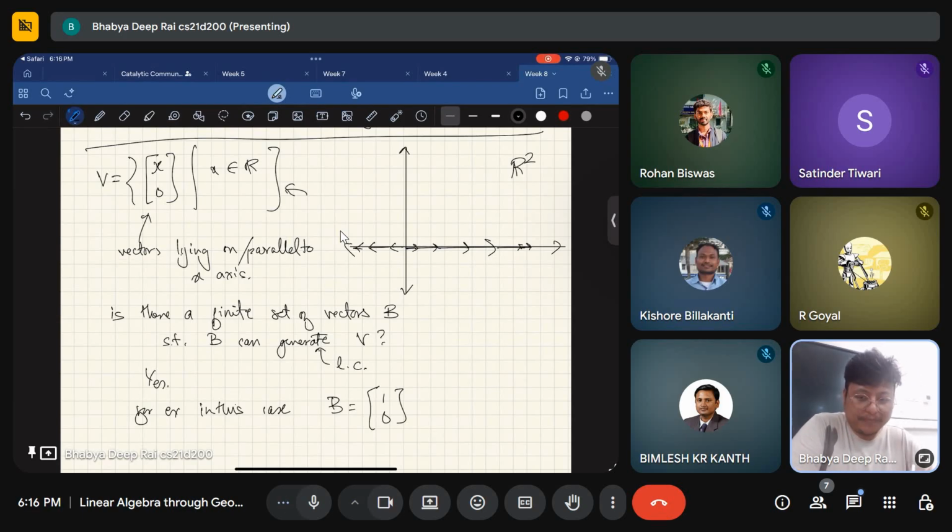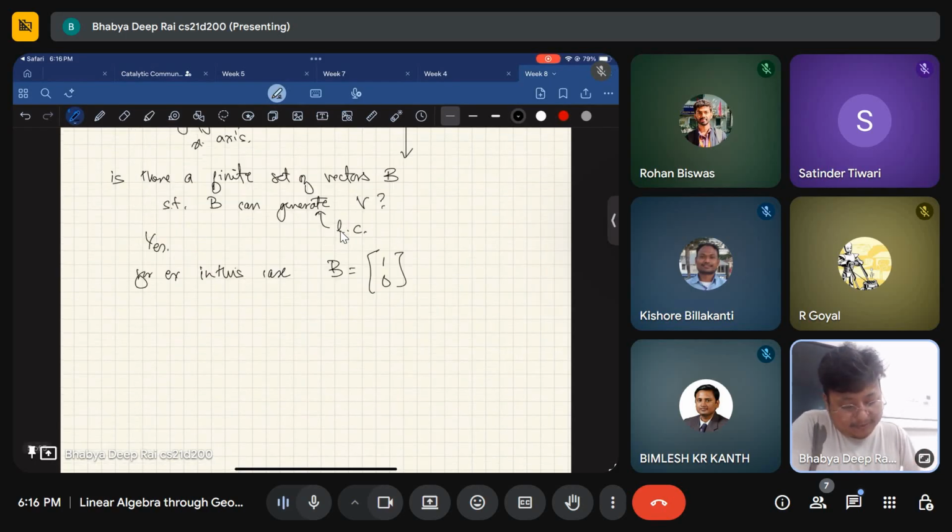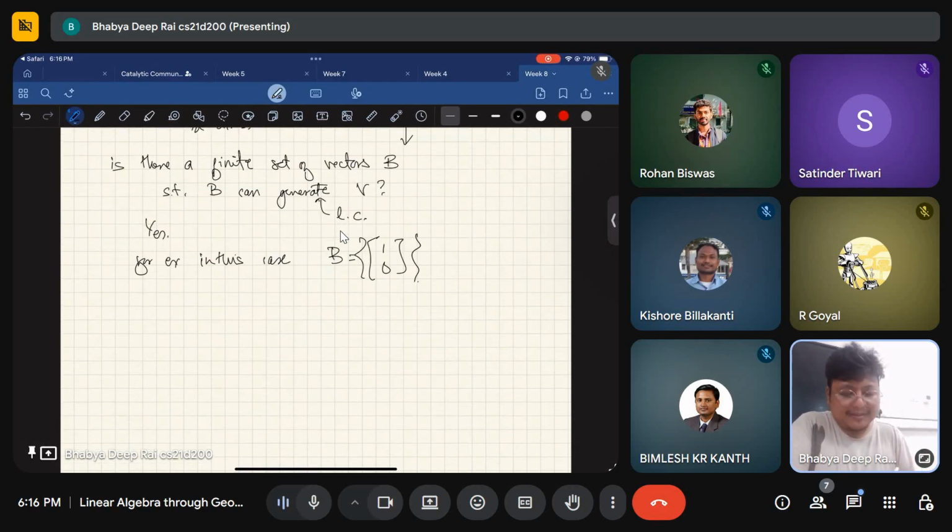Is it not? Right? So therefore, B is a set, and B is called a basis for V. Actually, there is one more condition, but try to understand this. Okay, this is the general idea.